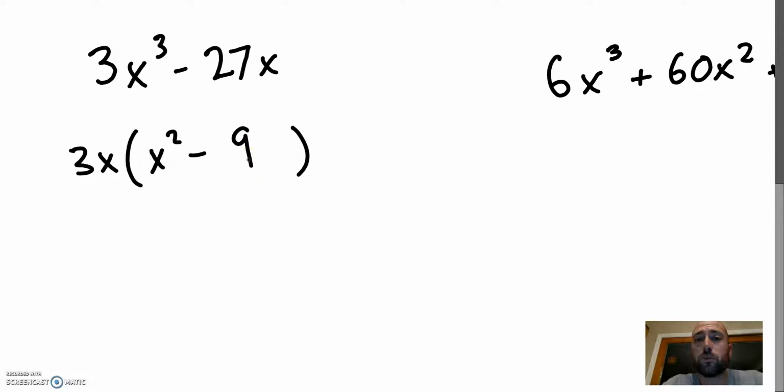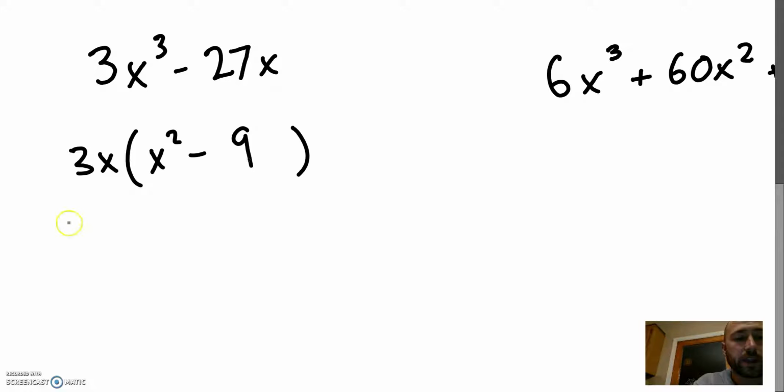Now that I factored once, here's where you want to be good at identifying polynomials that can be factored. I'm looking over my factors, and 3x by itself cannot be factored again. It's a monomial. But I noticed that x squared minus 9 fits all the requirements for difference of two squares.